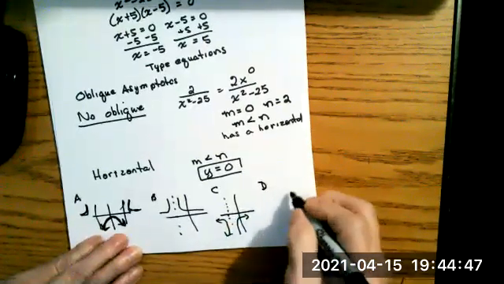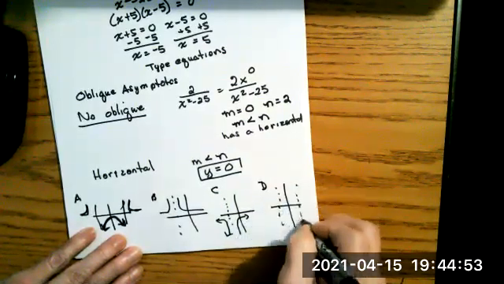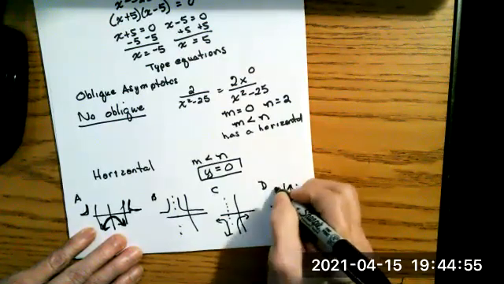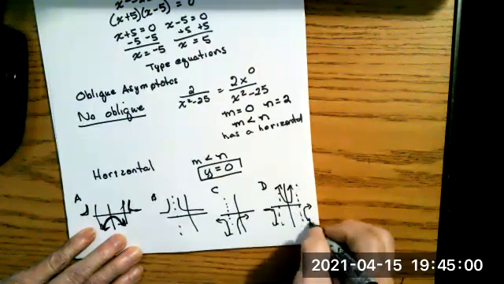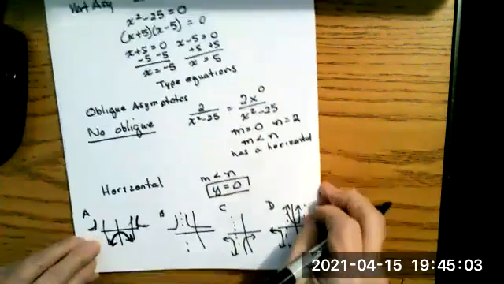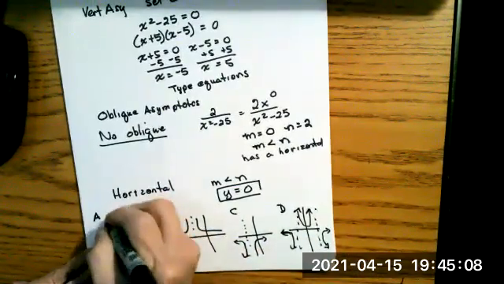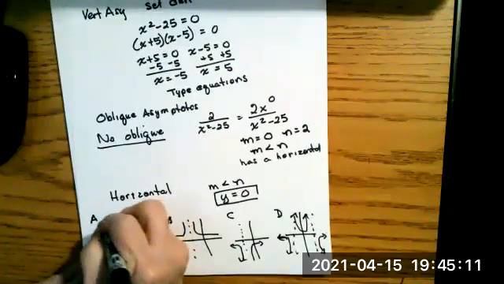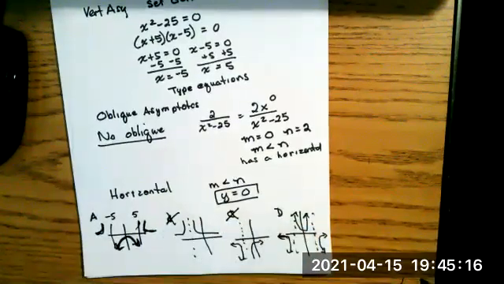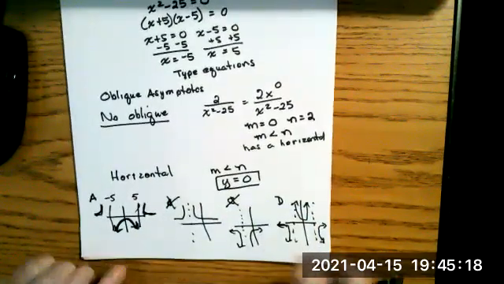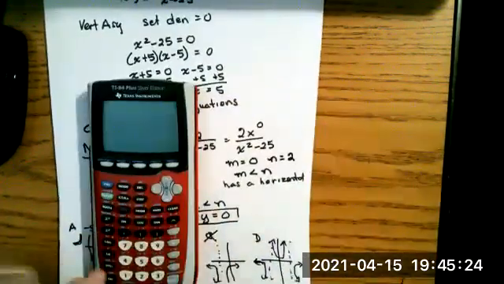And D looks like this picture, except it's opposite, has two vertical asymptotes, and the graph looks like here and here. If I were you, I would just put it on my calculator and see which one it is. But you know the vertical asymptotes here are 5 and negative 5, so it can't be this one because it only has one vertical asymptote. It's either got to be this picture or this picture. So I would grab my calculator and graph it and see which one it is.